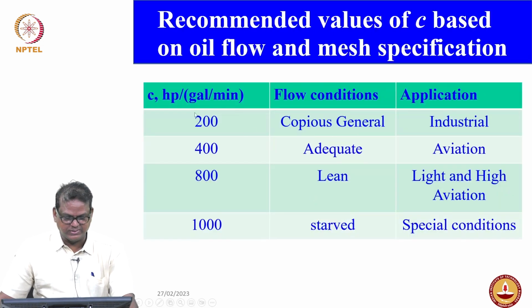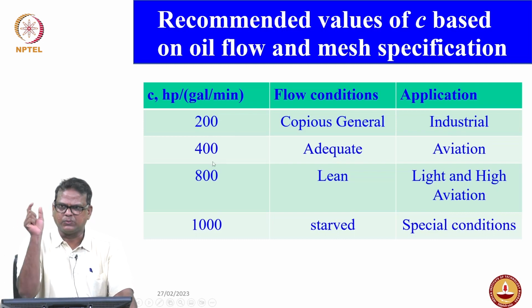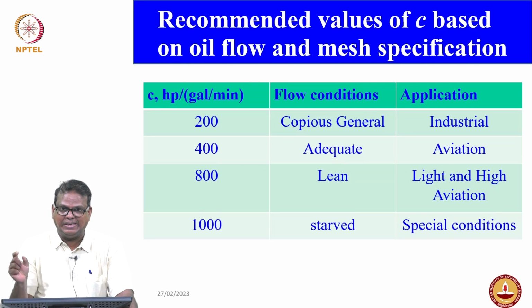So you can see the values 200, 400, 800 and 1000. 200 is general, that means adequate lubricant amount, for industrial application. The moment C increases, the quantity of lube decreases.